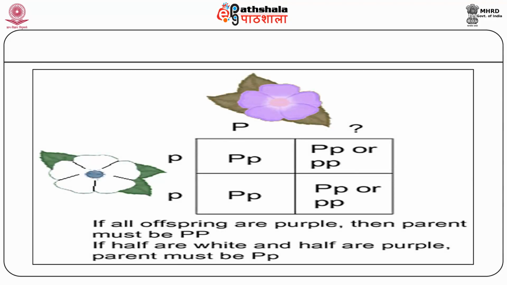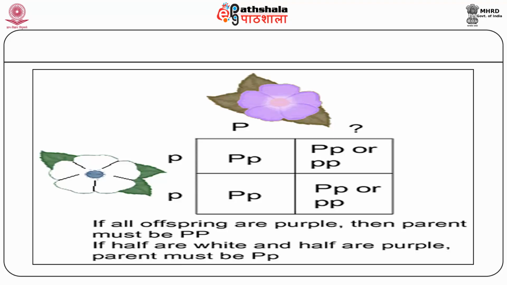At top there is a purple flower with uppercase P, and at the left side there is a white flower with lowercase p. In the first box we have uppercase P and lowercase p, whereas in the second box we have uppercase P and lowercase p or both lowercase p.